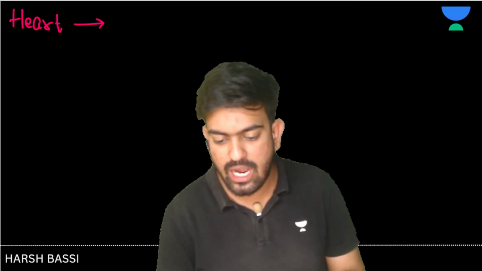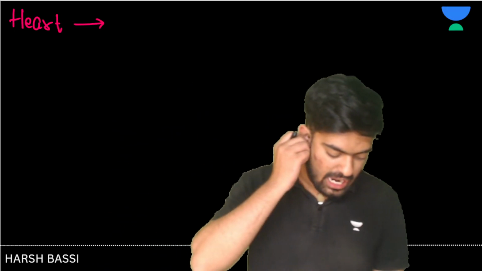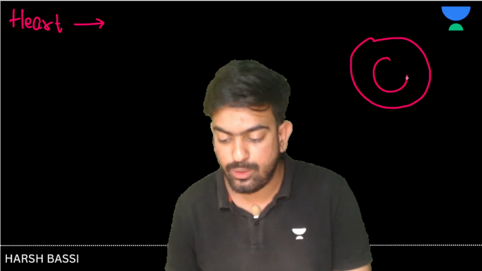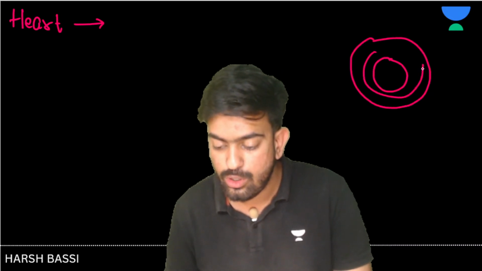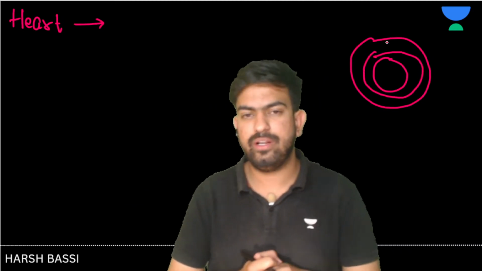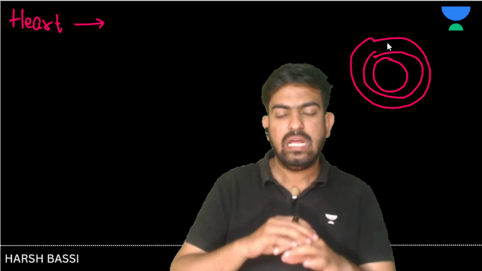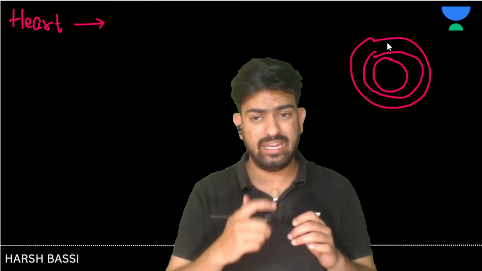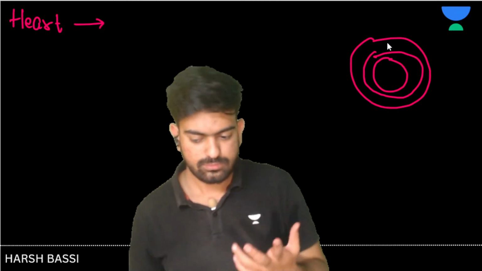So the heart is what? The heart is mesodermally originated. Where did the heart originate from? See, there are three layers: ectoderm, endoderm and mesoderm. Embryonic layers. When we are formed, if you have read the human reproductive system, there is the formation of three germ layers, and each germ layer gives rise to some organ system, right?